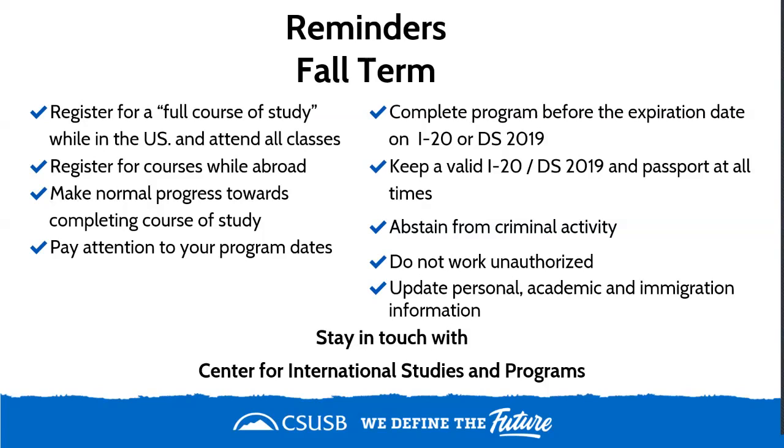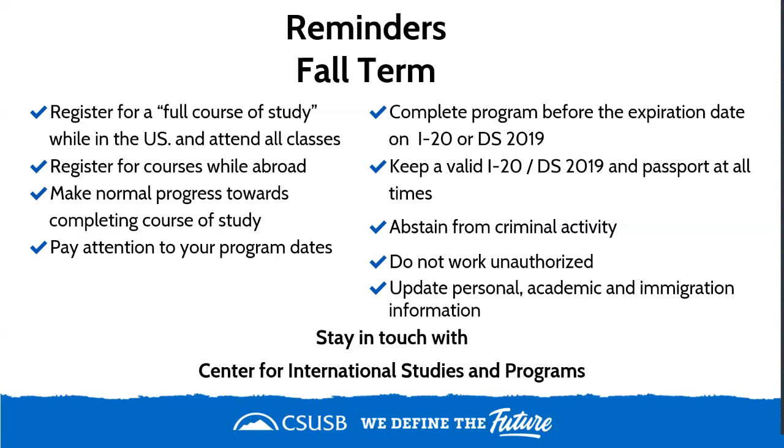Pay attention to your program end dates. This needs to be extended if you need more time to complete your program. Complete the program before the expiration date or ask us to extend that date.